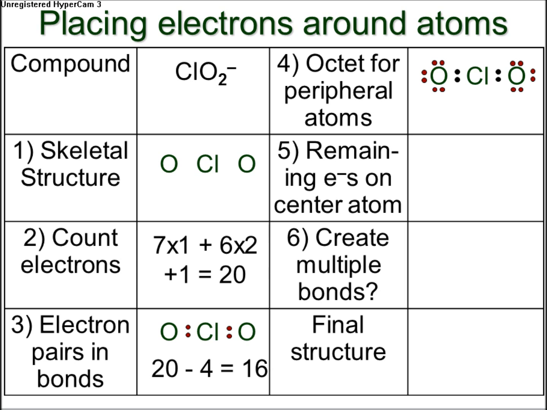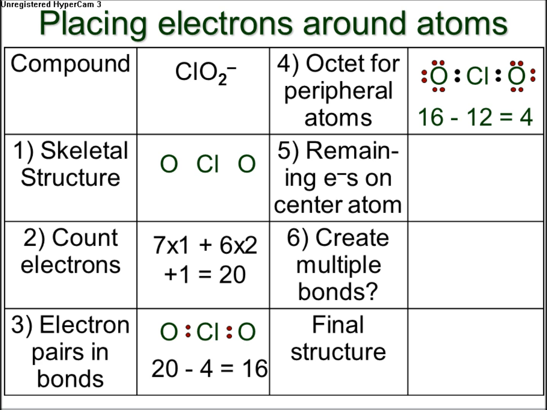The periphery atoms are the atoms that aren't in the middle, which are just the 2 oxygens. So to complete their octet, you put 6 more on the outside to equal 8. Since we have 16 left over to use, we use the 12, 6 on either side.